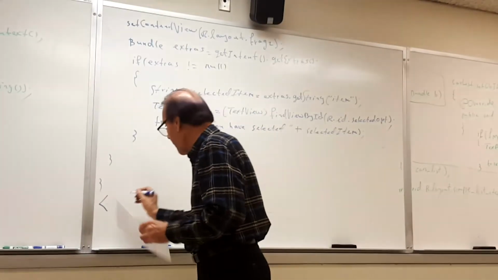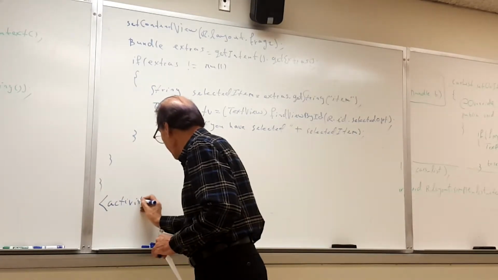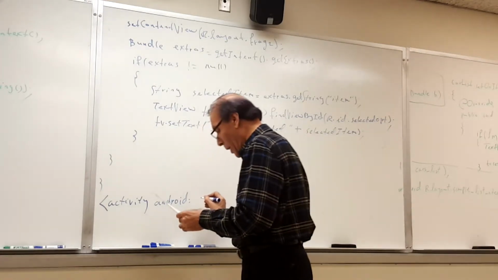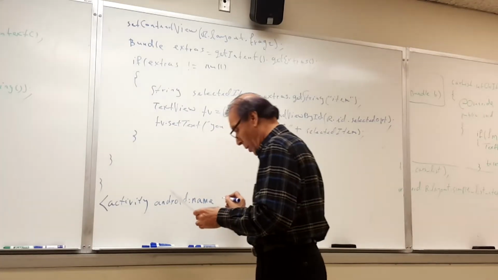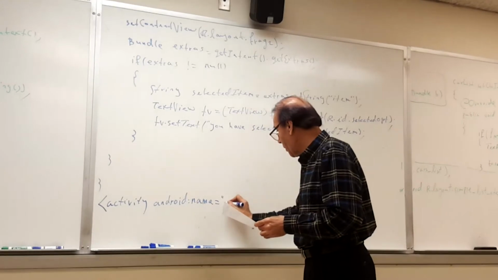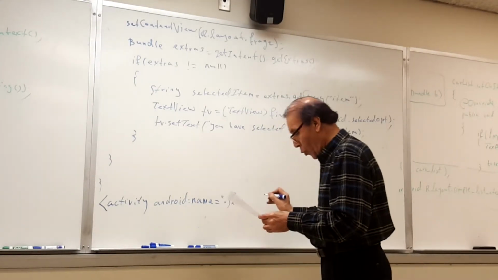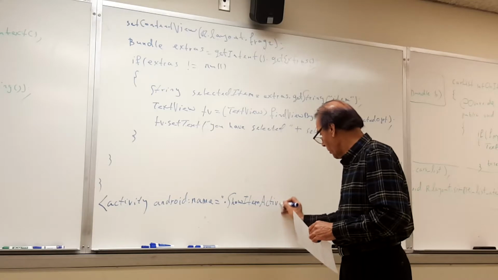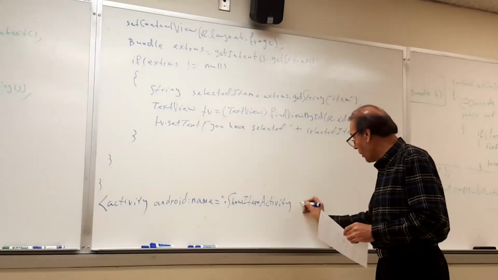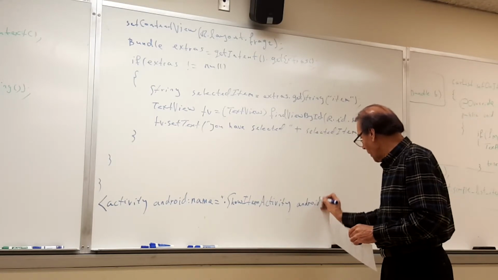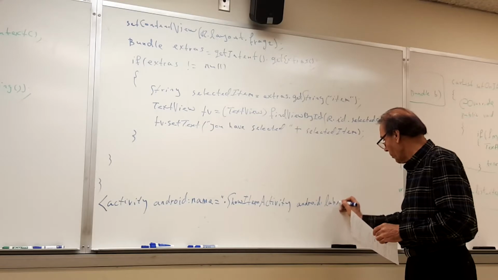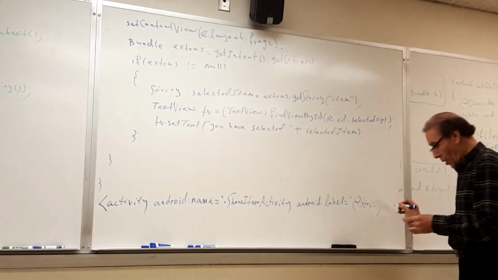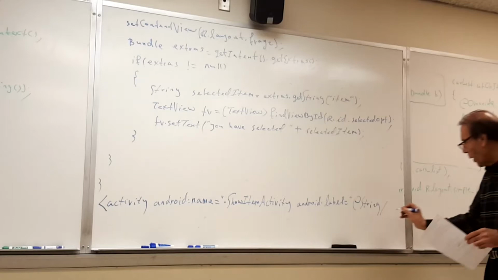You know what I'm talking about, the AndroidManifest.xml. Activity, android:name equal dot ShowItemActivity, the android:label equals @string/app_name, app name.